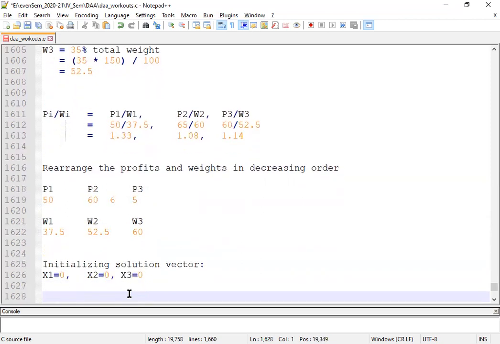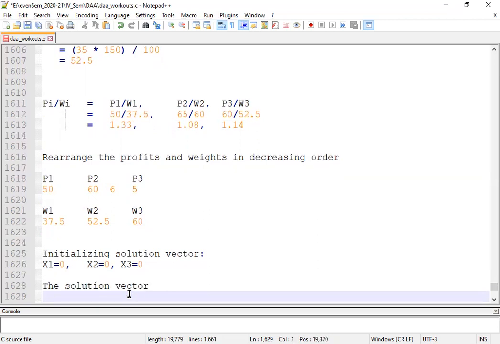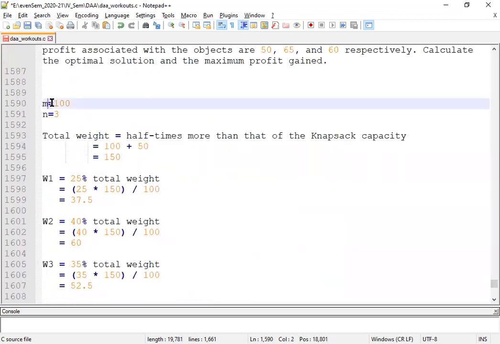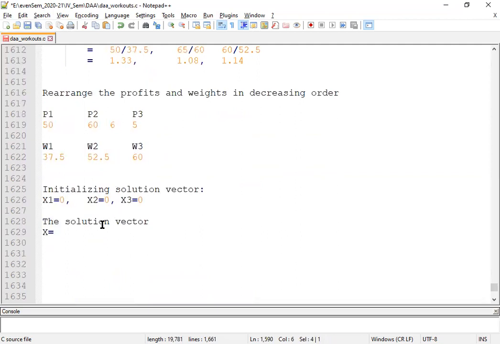Now the solution vector we are going to choose in this way. The total capacity is M, that is 100. So assume that there is a bag with you which can take 100 kgs of objects. The first, most profitable object has weight 37.5.